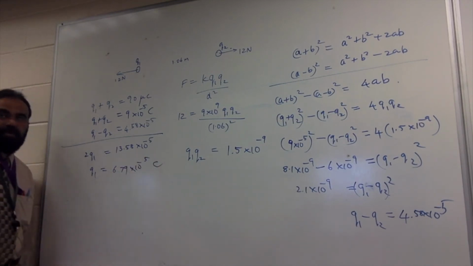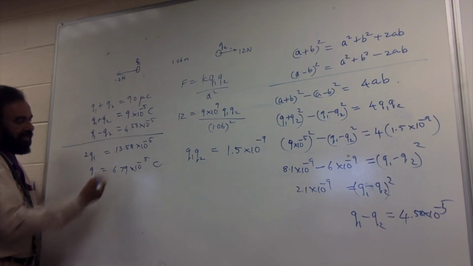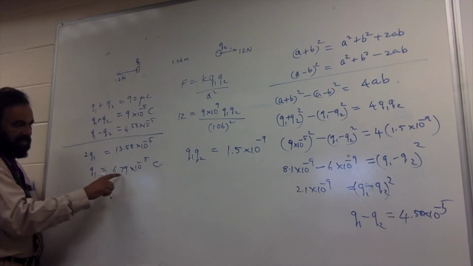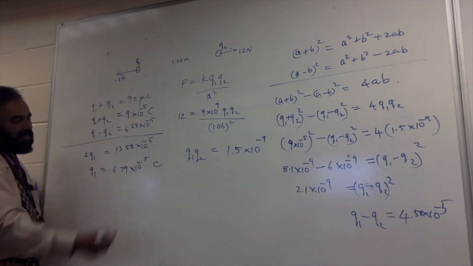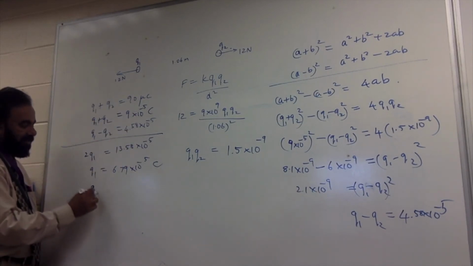So we got Q1. Now what you do is just take the other part. So this is 67.9 times 10 power minus 6 and this is 90 times 10 power minus 6. So you can find out what is Q2.